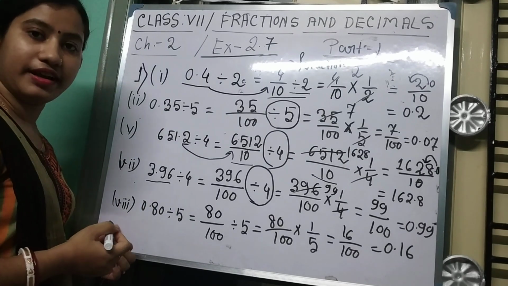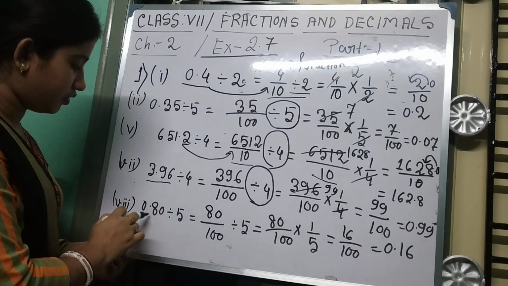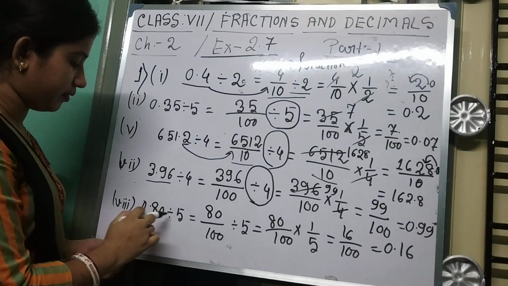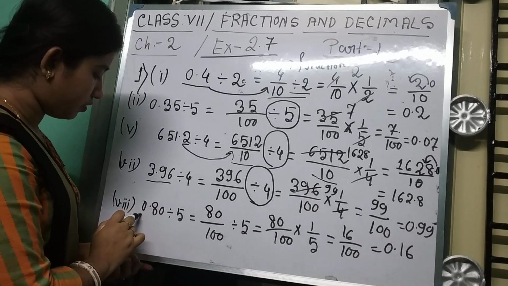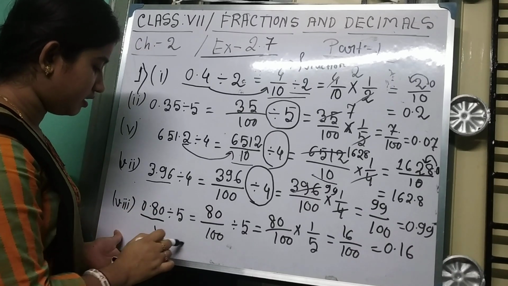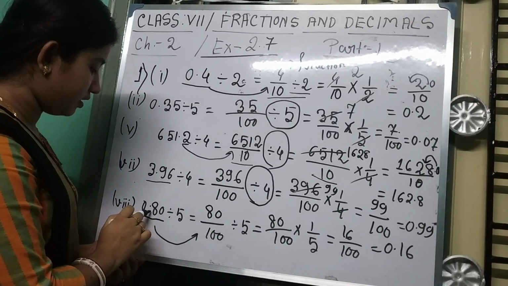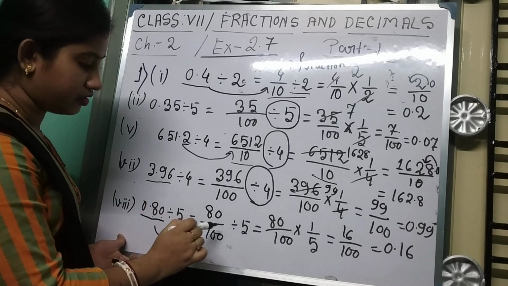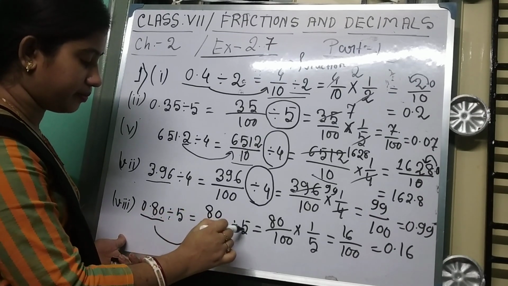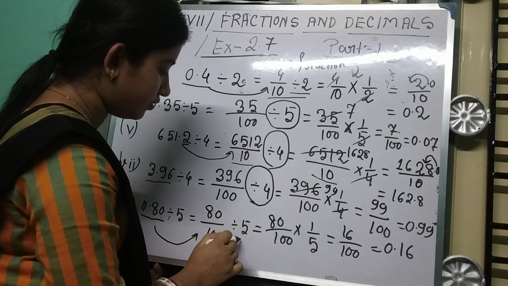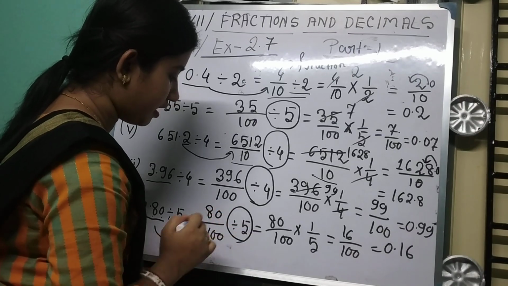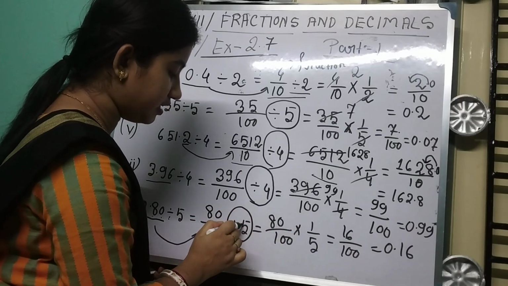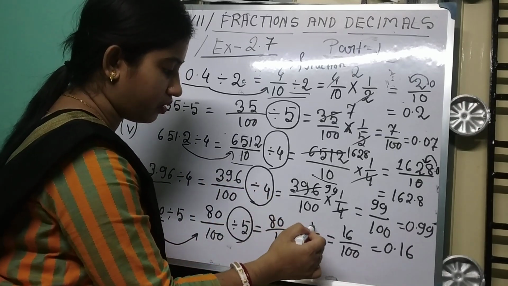Now next number 8. Here given 0.80 divided by 5. So we convert this into a fraction. So this is 80 by 100, as there are 2 numbers after the decimal, divided by 5. In the next line we change this sign to multiplication and write the reciprocal of this number, that means 1 by 5.